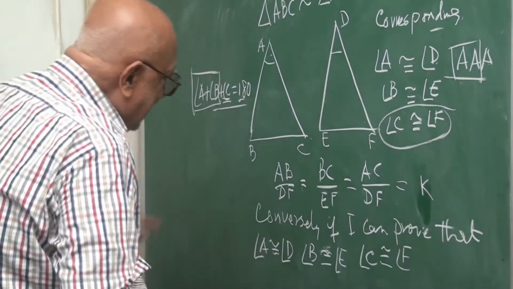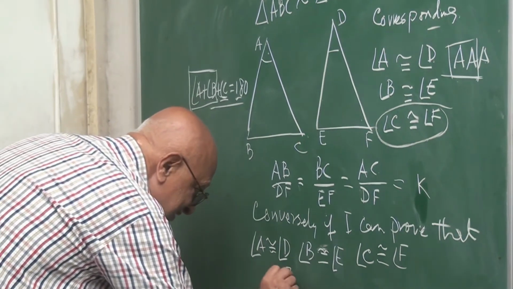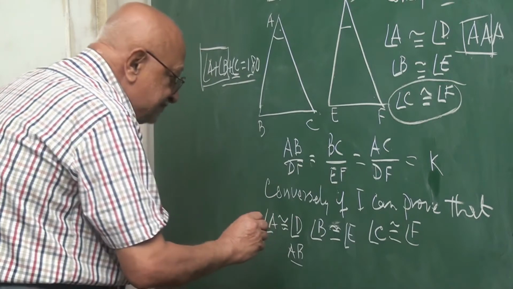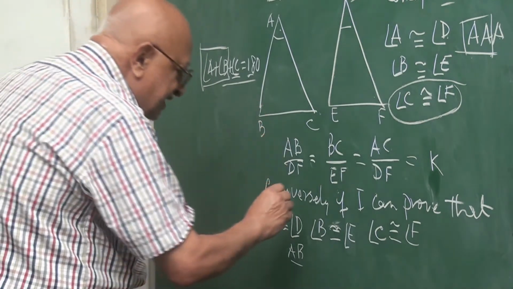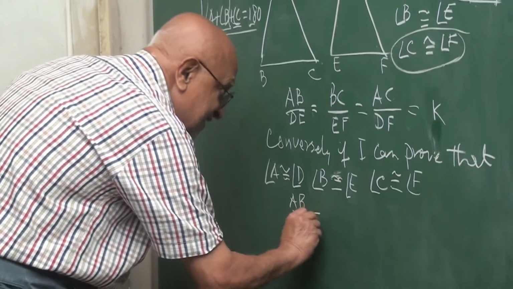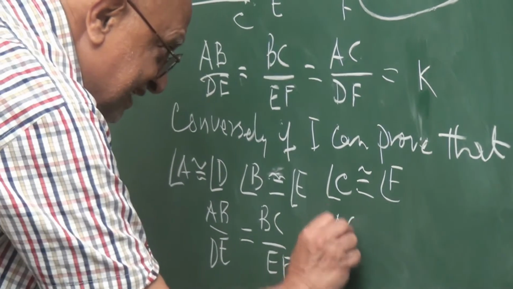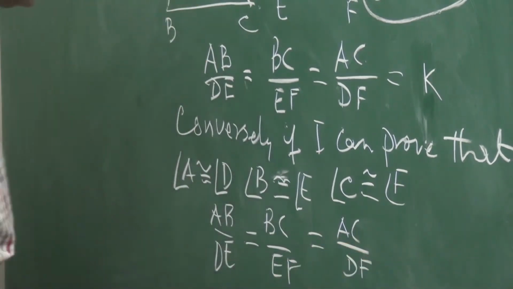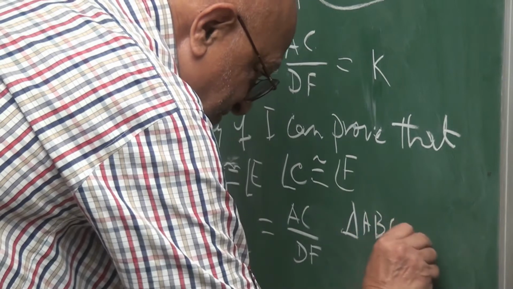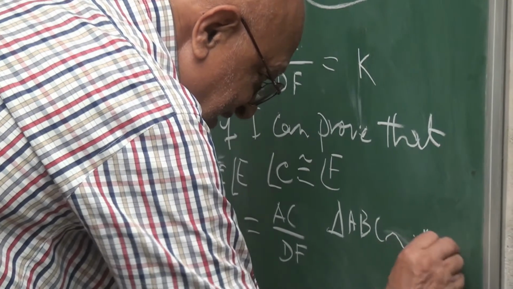This is one. And also, in another system, I can prove, we don't have to do this one simultaneously, if we can prove AB equal to DE, that is equal to BC equal to EF, that is equal to AC equal to DF, then I can say easily that triangle ABC is similar to triangle DEF.